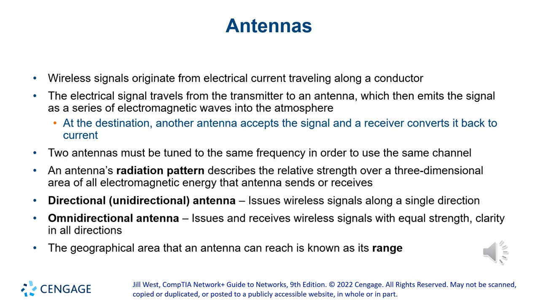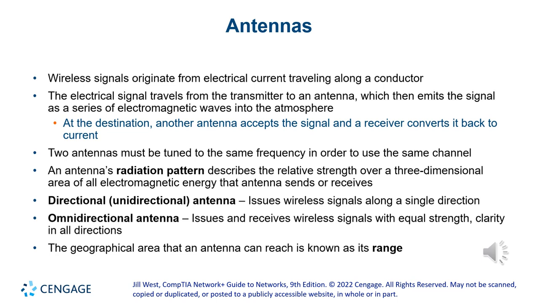I have one of the links on your Blackboard that shows you a document from Cisco that is a little bit long, but it shows you everything, how the antennas and the patterns work. It's a three-dimensional pattern, because remember it's over the air, so we're not talking just X, Y, we're also talking about Z.